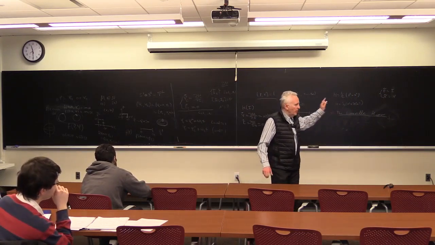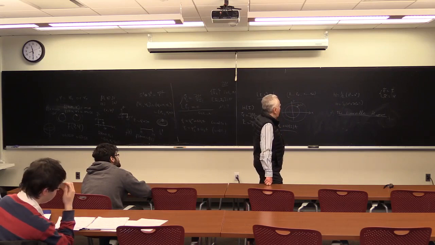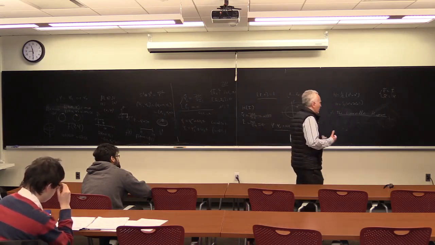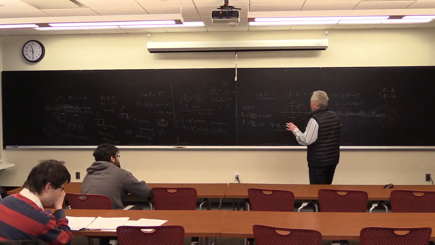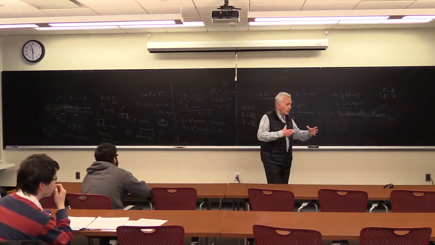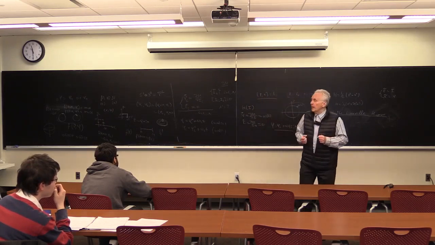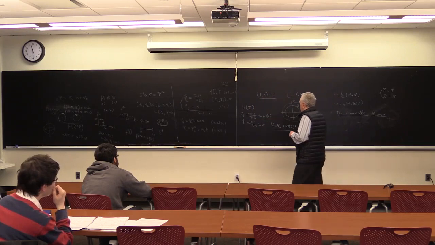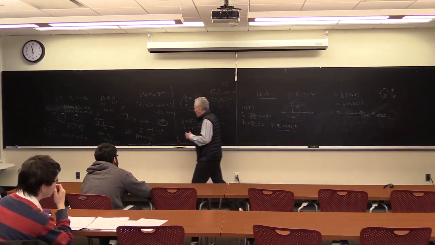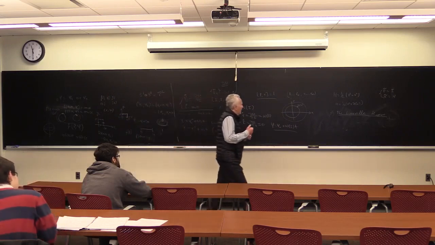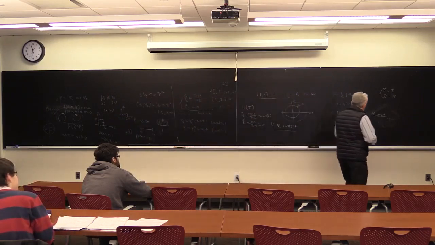By the way, one more comment about Liouville. I think I forgot to say this: the statement that under canonical transformation the phase volume doesn't change is also called the Liouville theorem. So you encounter this name.